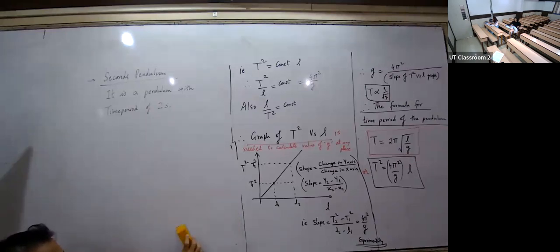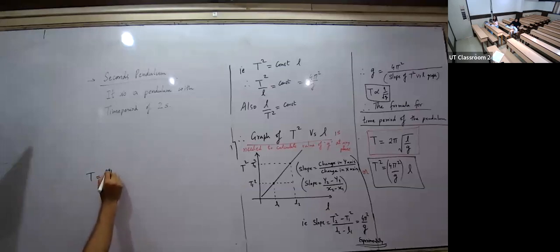So how is time period given? T is equal to 2 pi root L by G. So let's say this is T1. And now at another place, T2 is equal to 2 pi root L by G2.